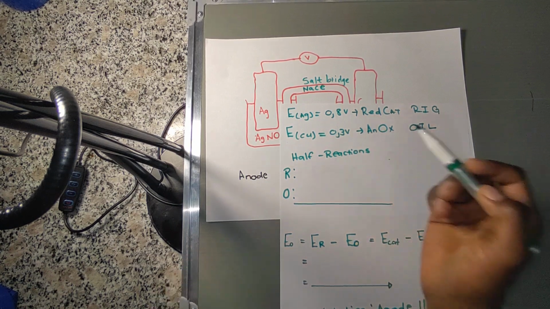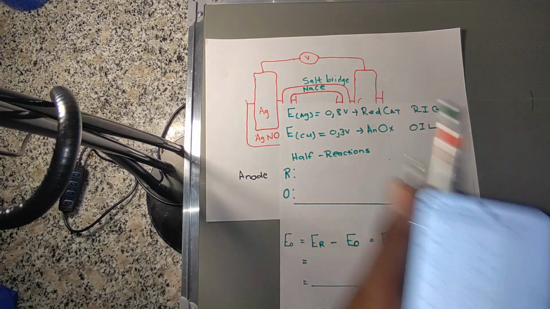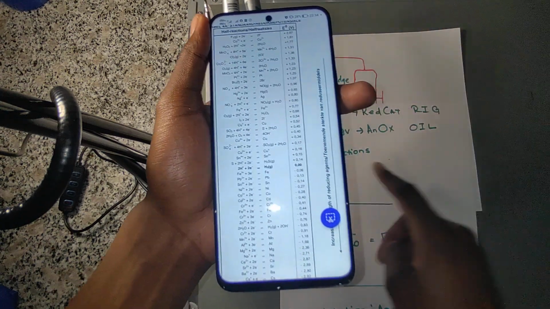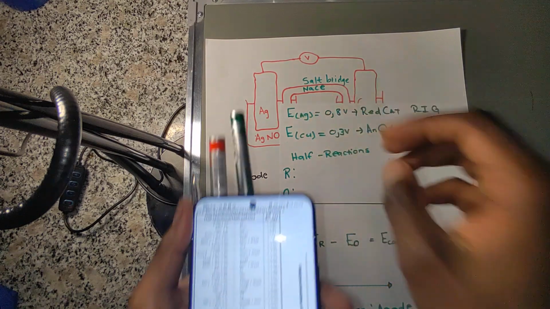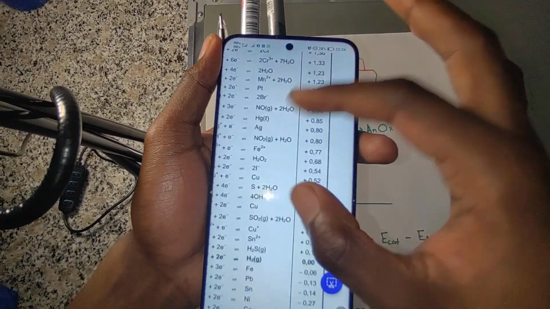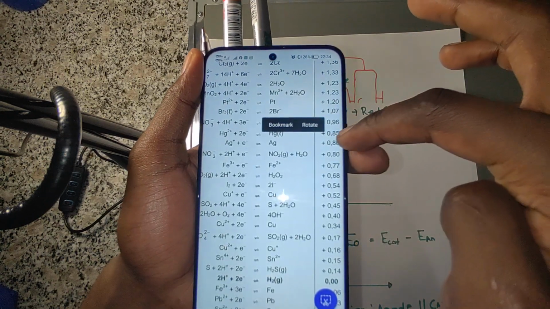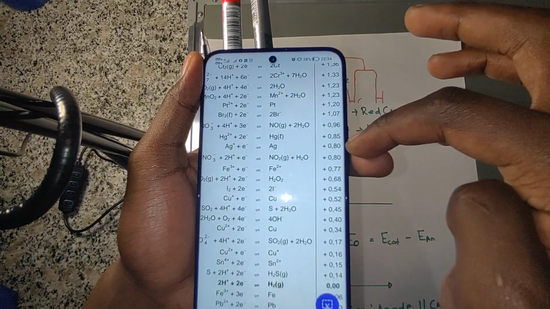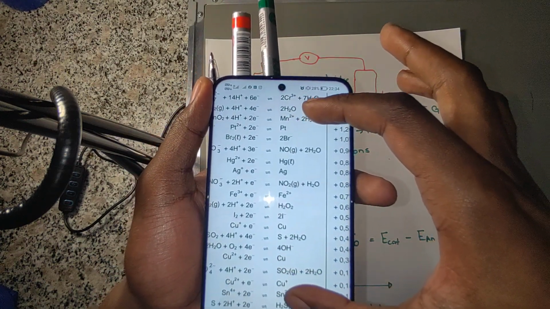So let us write down our half reactions that are taking place here. So how do we write down the reactions? So let's look for copper and silver. We're going to write down the reduction first. The reduction is silver. Let us look for silver. There is silver, and there is the standard potential, the 0.8. So let's write down the reaction for silver. We said it's undergoing reduction.